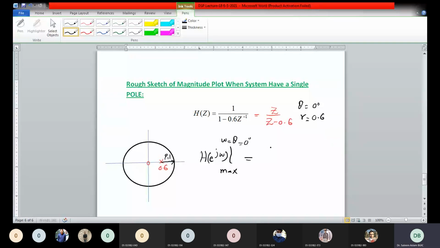How? This is equal to 1 over |p1|. So what is the length of p1? If from here to here is 0.6, from here to here it would be 0.4. So this is equal to 2.5, right? Yes, sir. So what would be the minimum value?